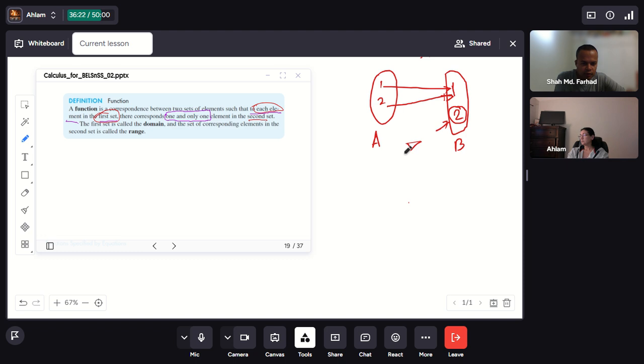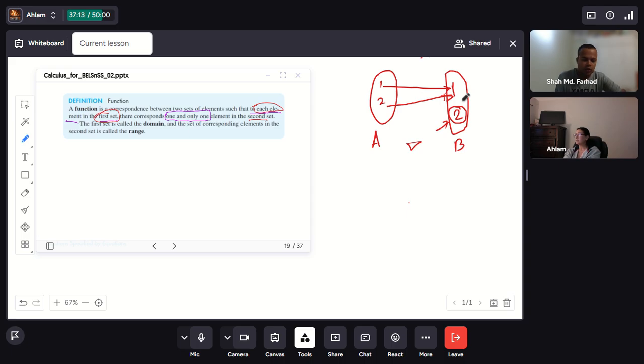Also, in set B, one element can be associated with 2 or more elements of set A. But for being a function, elements in A can't be associated with more than one element in B. So I think now it's clear to you.